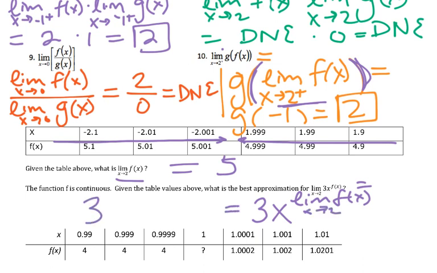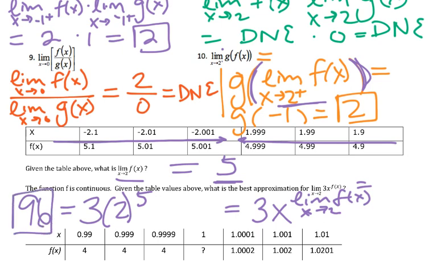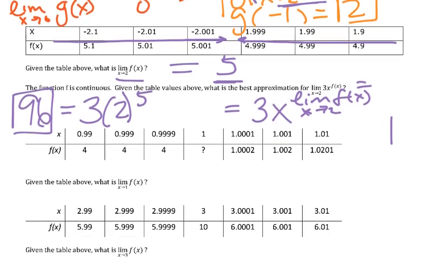So this is going to be 3, and x, you're going to do direct substitution, plug in 2, and then our exponent is this limit, which was 5. So 2 to the 5th is 32, times 3 is 96. So that would be your limit. Okay.